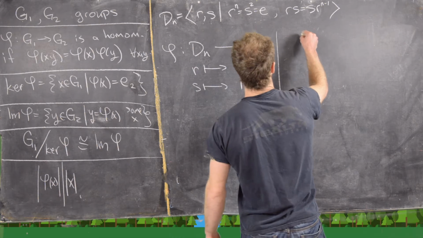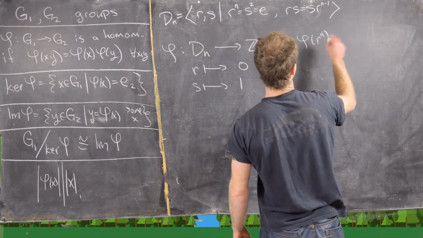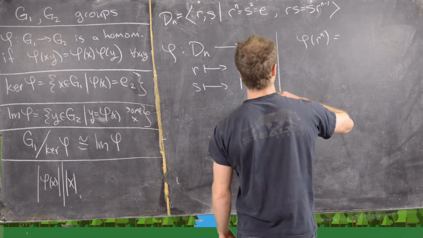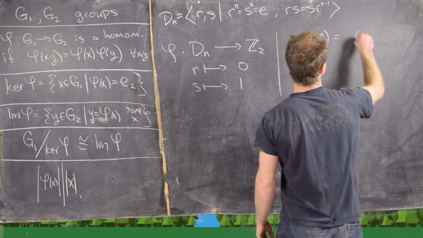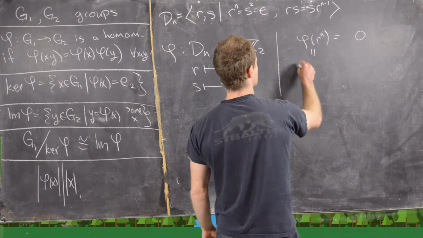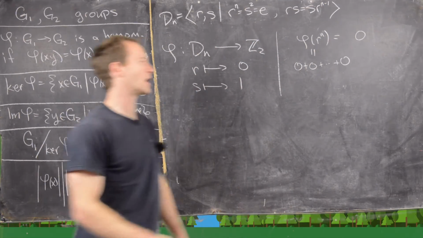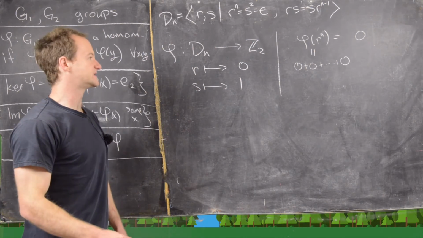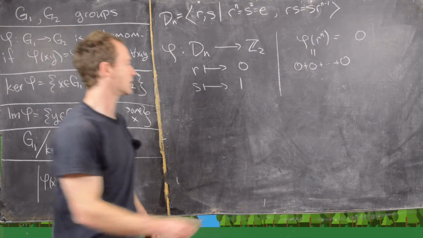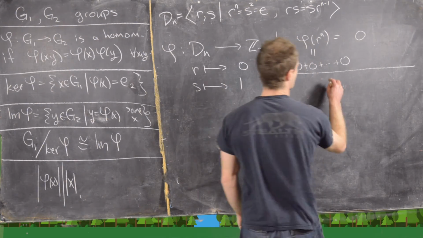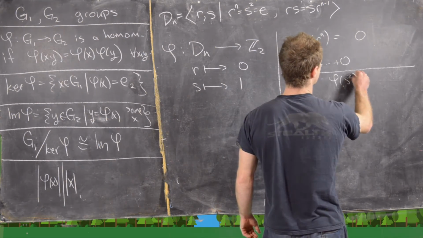So notice we have phi of R to the n. On the one hand, that should be equal to 0, but on the other hand, that should be equal to 0 plus 0. So yeah, we're good to go. This thing is satisfied. Okay, good. Now let's look at phi of S squared.